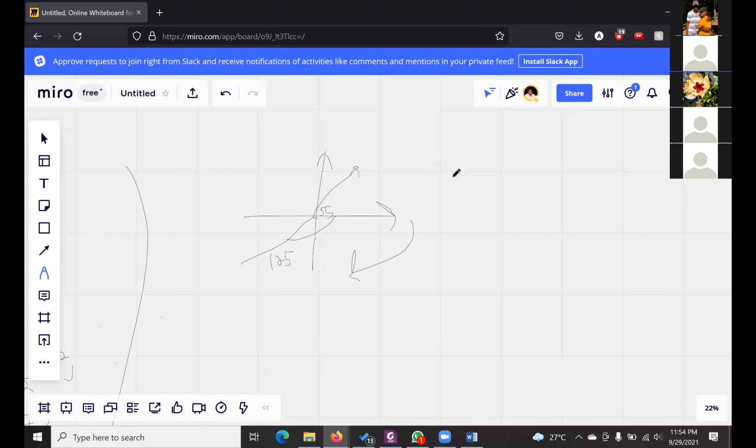So I get that 180 minus 125, which is the angle on the straight line, equals 55. So now working with this triangle.